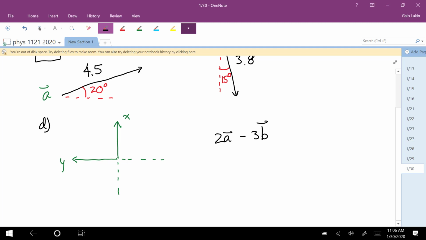So the way to do that is we're going to calculate the components of each of these vectors, a and b, in this coordinate system. This is 20 degrees. This is 15 degrees.